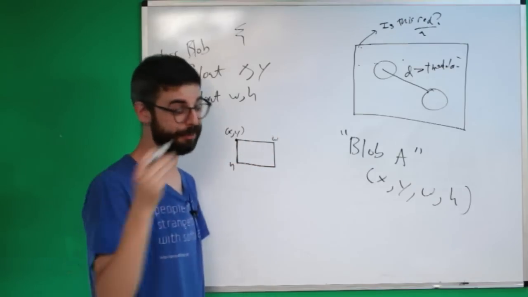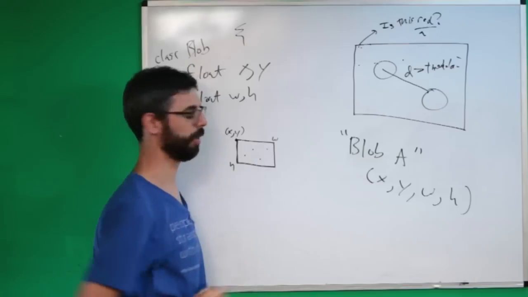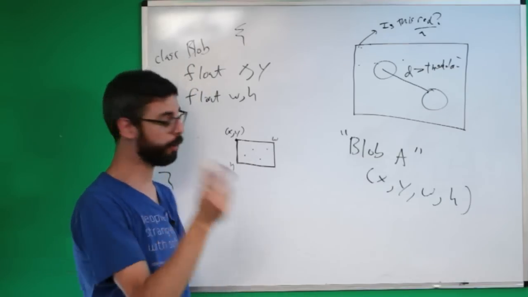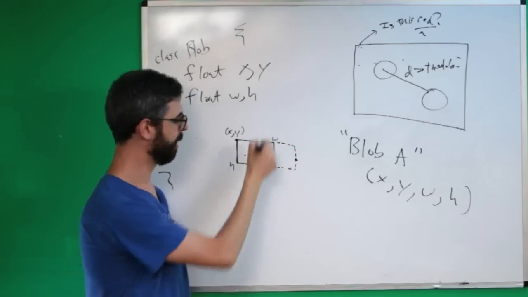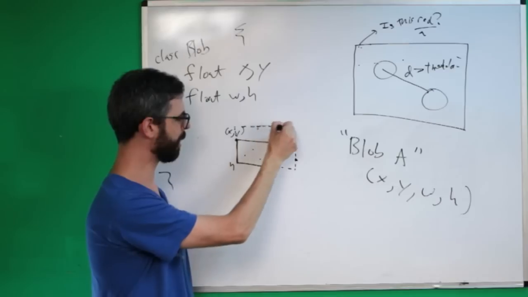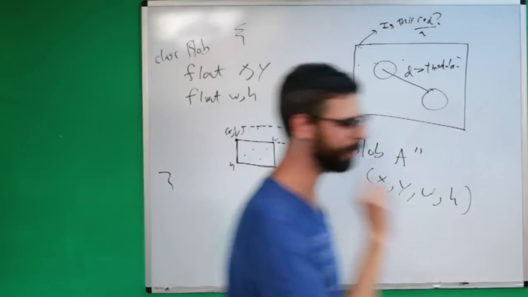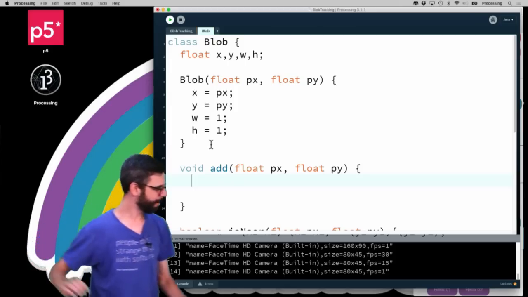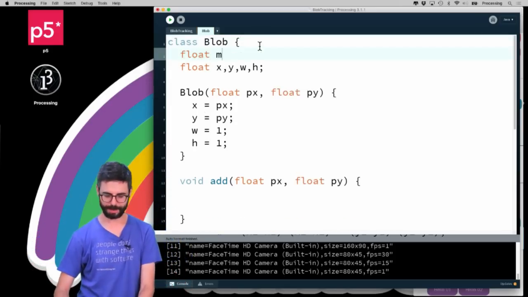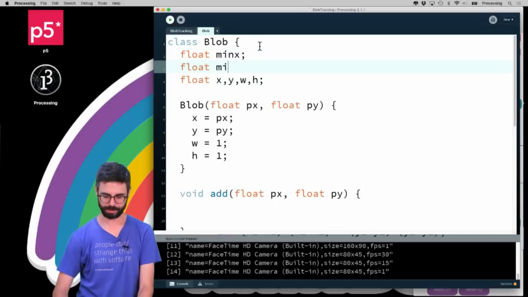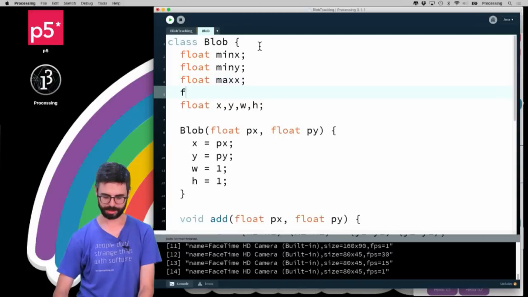So the first thing I need to figure out is whether that pixel is inside this rectangle. If it's inside that rectangle, I don't do anything. If it's over here, I suddenly want my rectangle to be like that. If it's over here, I suddenly want my rectangle to be like that. So you know what I think I want to change about my blob? Instead of having x, y, w, h, I'm going to have min x, min y, max x, max y.